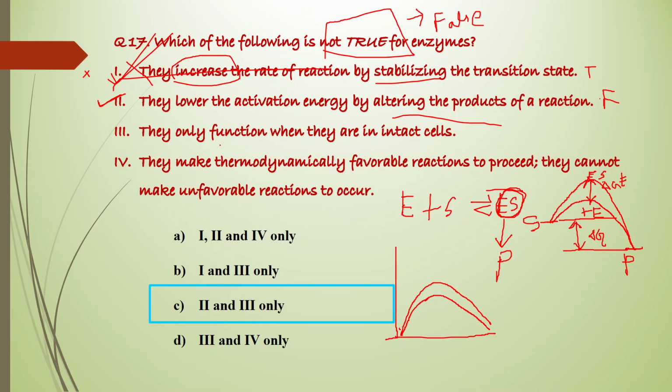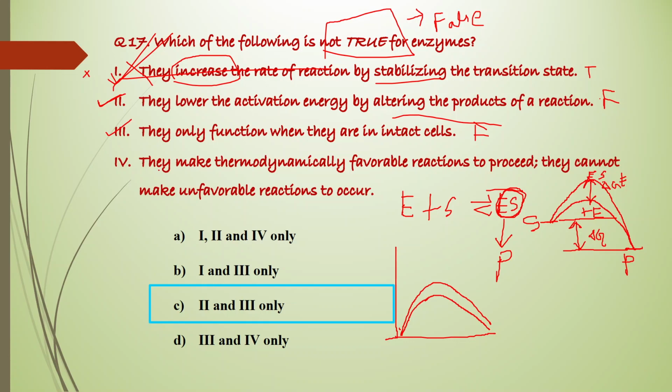So the third statement, that enzymes only function in intact cells, is a false statement. Obviously, in our question they are asking us to identify the false one. So the third one is also our false statement.